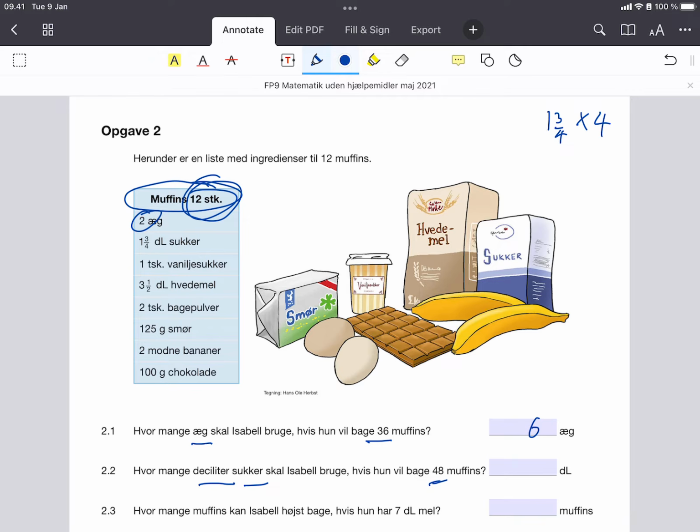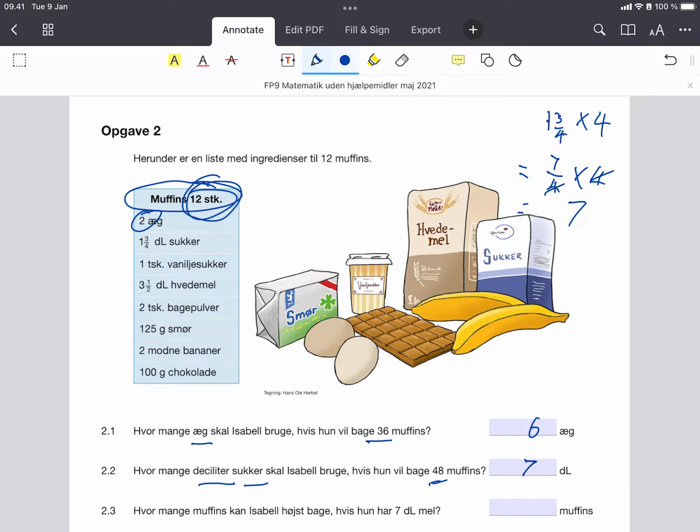So 1 3/4 is 7/4. 4 times 1 is 4 plus the 3 makes 7. So we've got to do 7/4 times 4, and then times 4 and dividing by 4 cancel each other out, so that without having to do any other calculation is 7. So 1 3/4 times 4, which is 7.